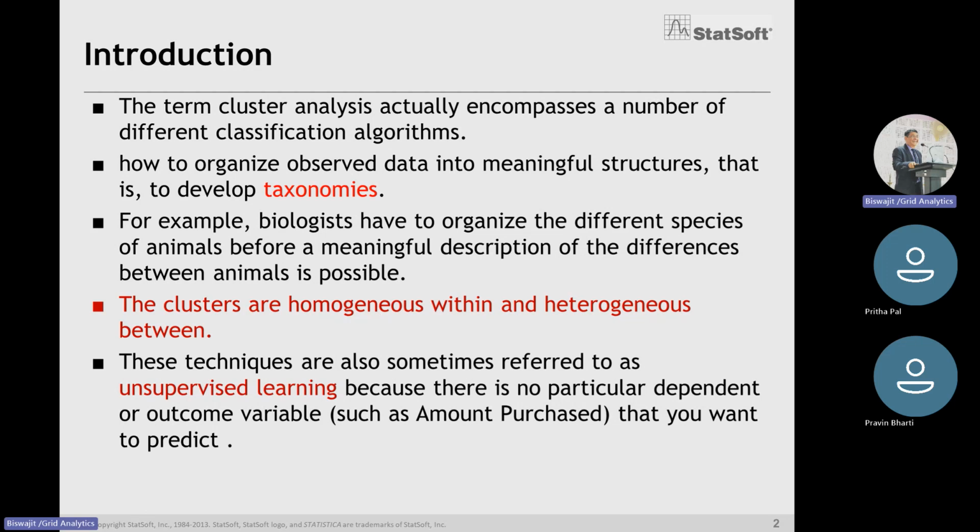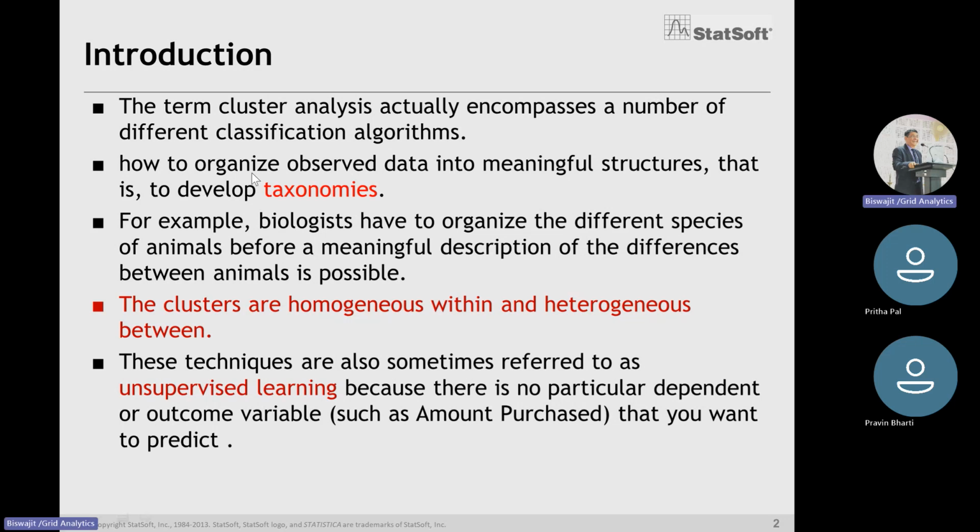It could be cases or rows or it could be the variables. Variables mean the features. We are going to experience that. And the heterogeneity between, right? So the distance between the groups, right?